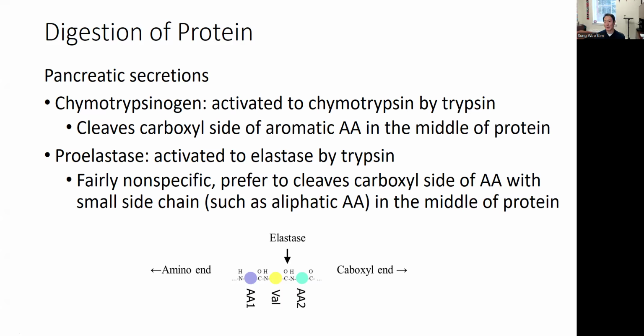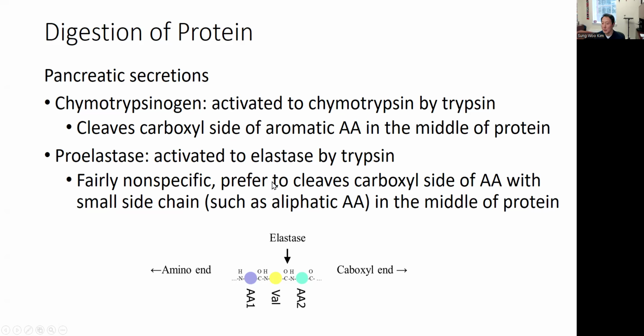Those are tryptophan, phenylalanine, and tyrosine. So it will look for those aromatic amino acids in the middle of the polypeptide and cut the peptide bonds on the carboxyl side of those amino acids. That's the function of chymotrypsin.